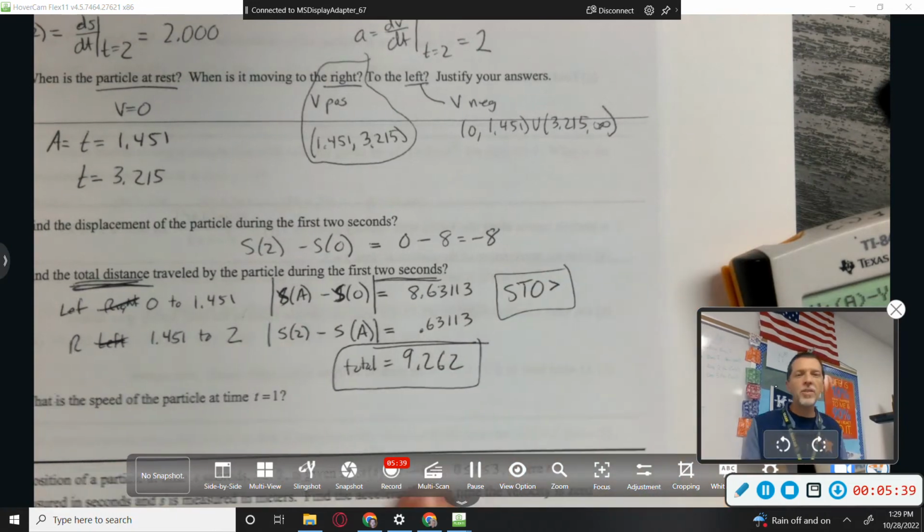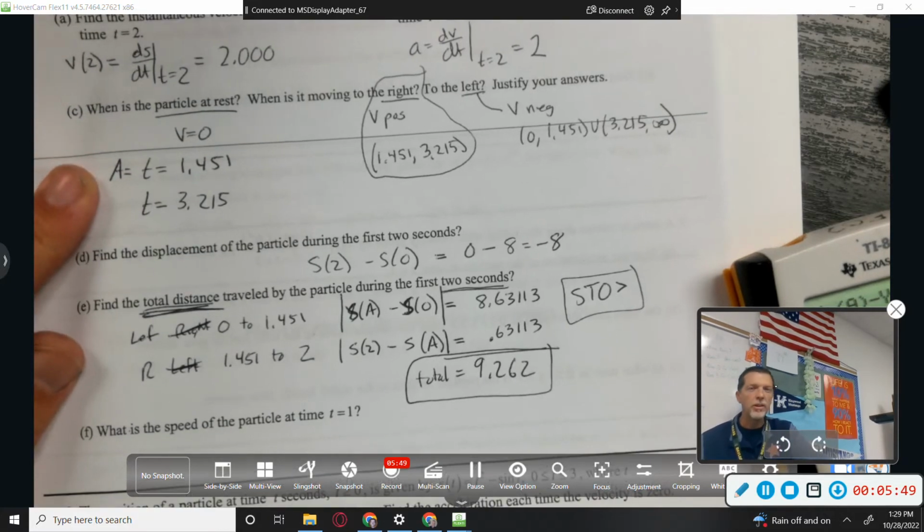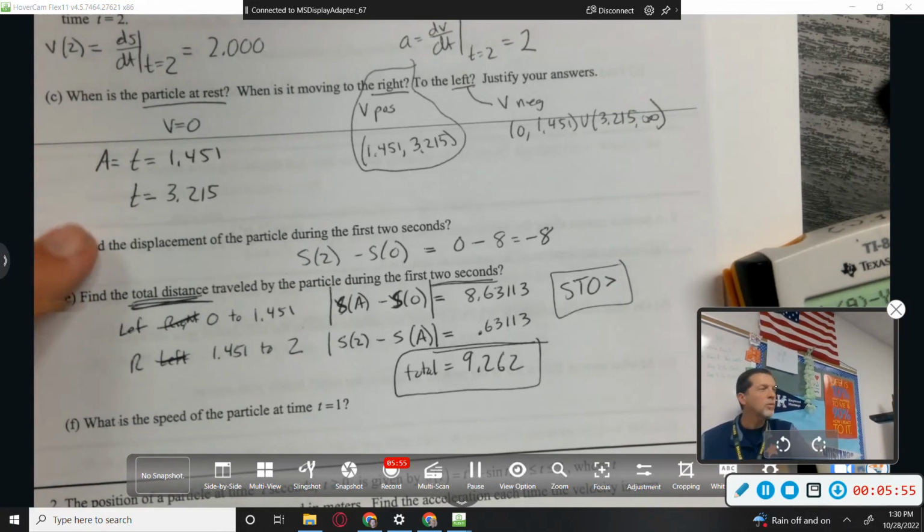So the main new thing, the only new thing today is that store button. If you hit a value that you think you're going to use again, store it. And label it on your paper, that way you can use it the rest of the time. A lot of students don't do this, they just keep writing 1.451 all the way down.